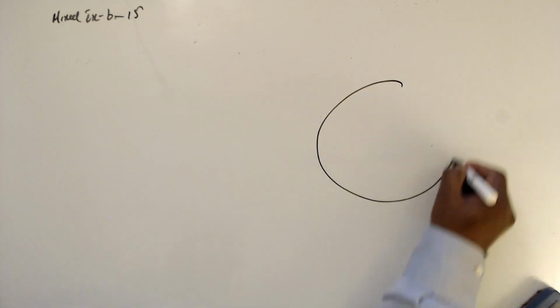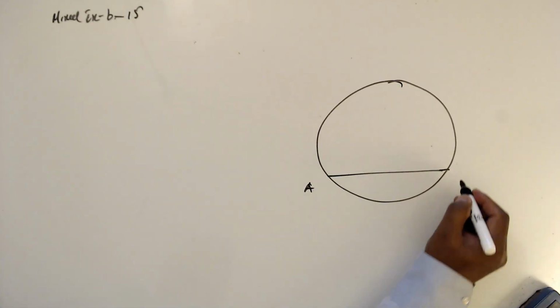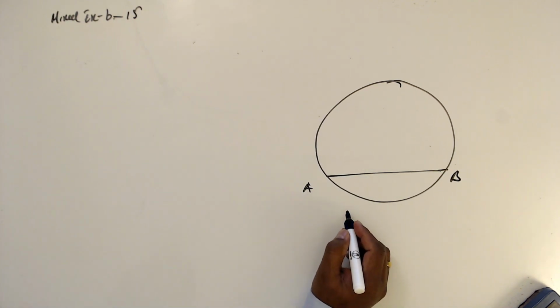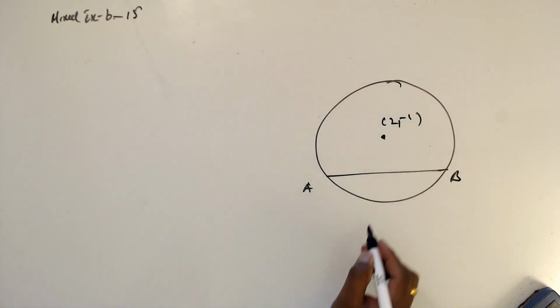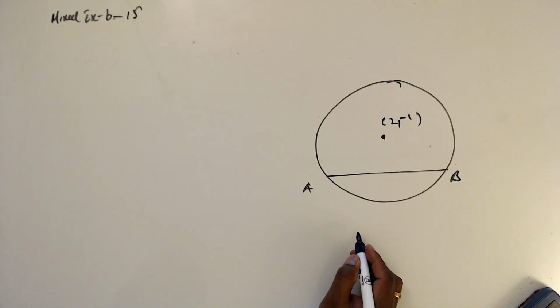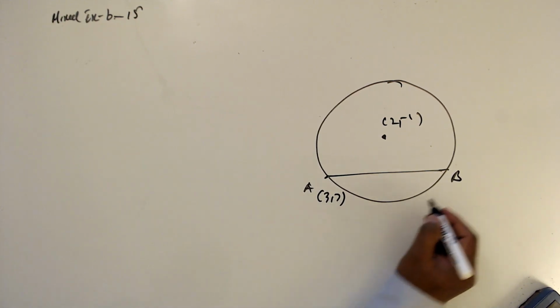Question number 15. AB is a line segment, a chord of the circle. The center is 2 minus 1. A and B are 3 7 and minus 5 3.